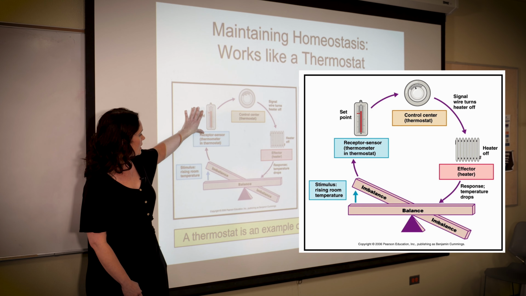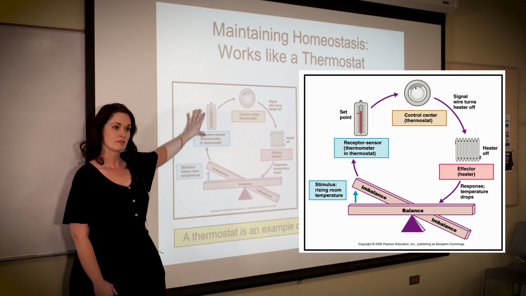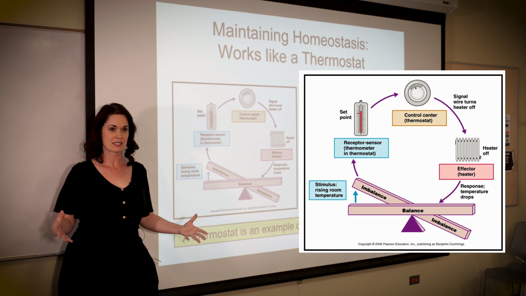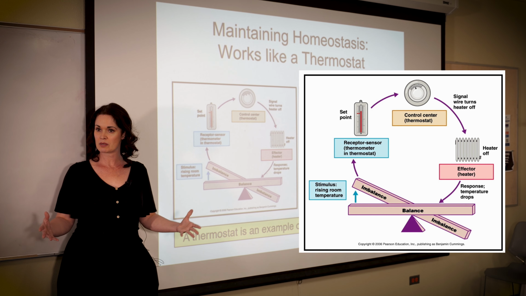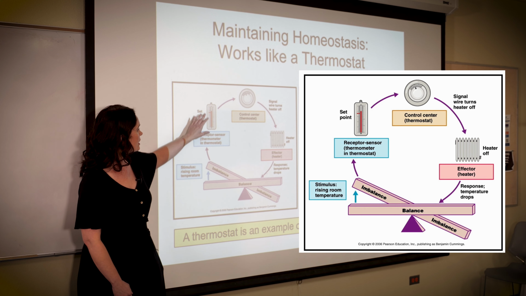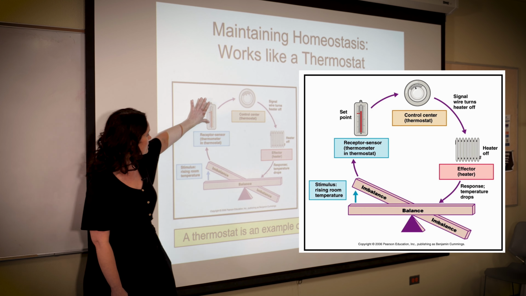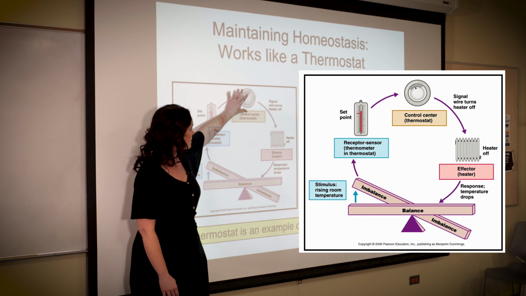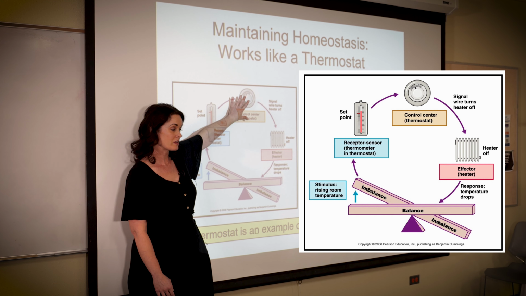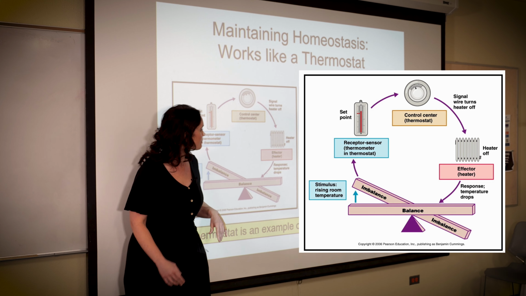In your home, you have a thermometer that's located in the thermostat. And that thermometer is going to pick up this change in temperature. And it's going to communicate, hey, the internal temperature of the house is increasing, with the thermostat, and specifically the control center in the thermostat.